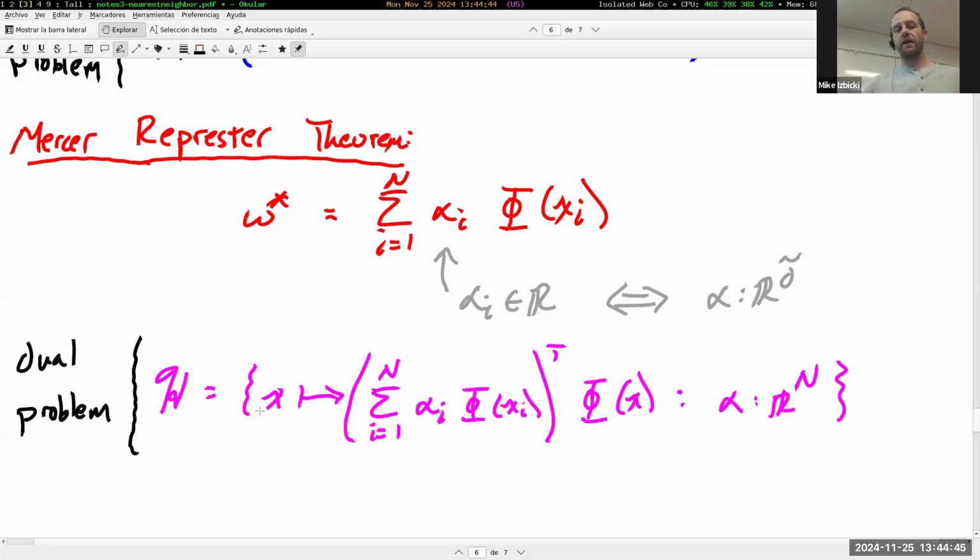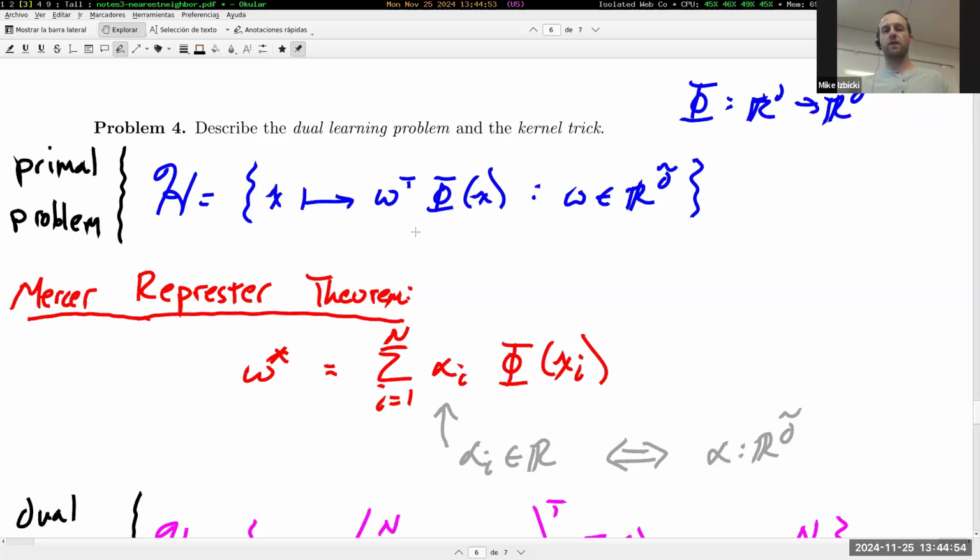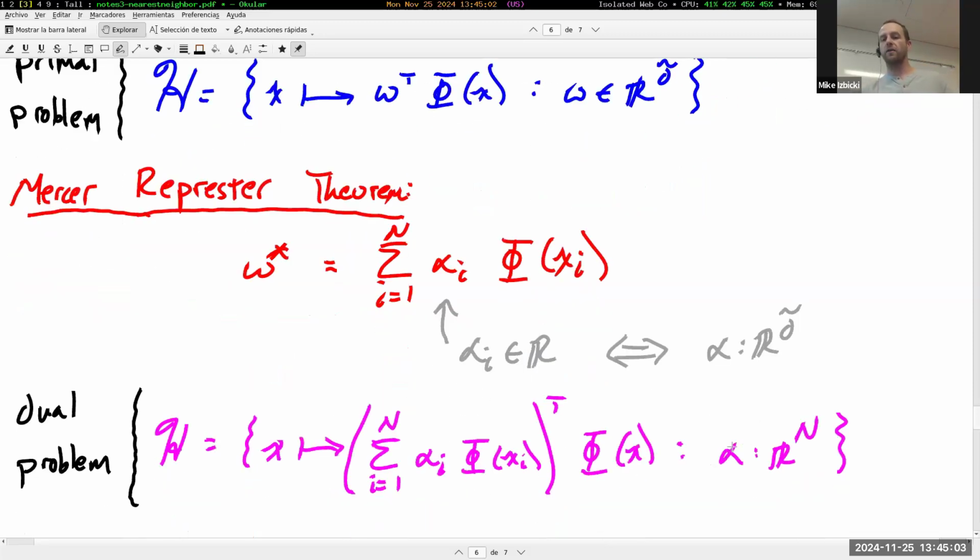Another way of thinking about it is that this function right here that I have in magenta will always evaluate to the exact same result as this function right here, assuming that W is defined this way. So whether you're learning the W or learning the alpha value down here, whether you're learning the importance of each weight of each feature, or the importance of each data point in order to determine the function, either of those get you the same function at the end.